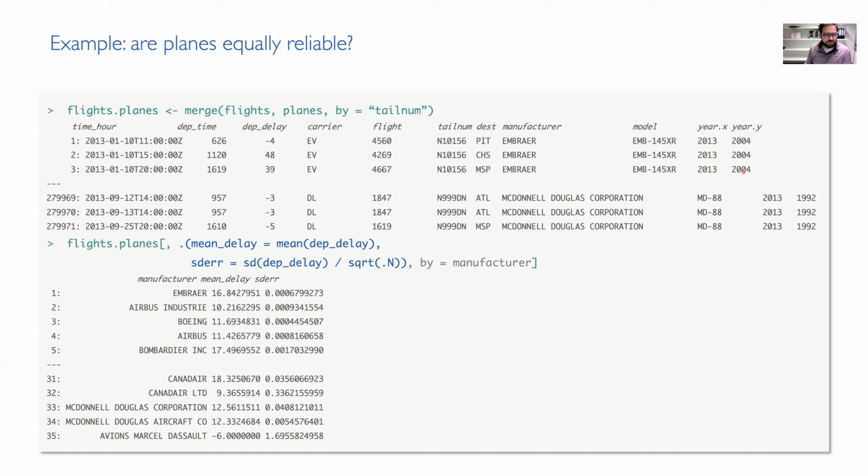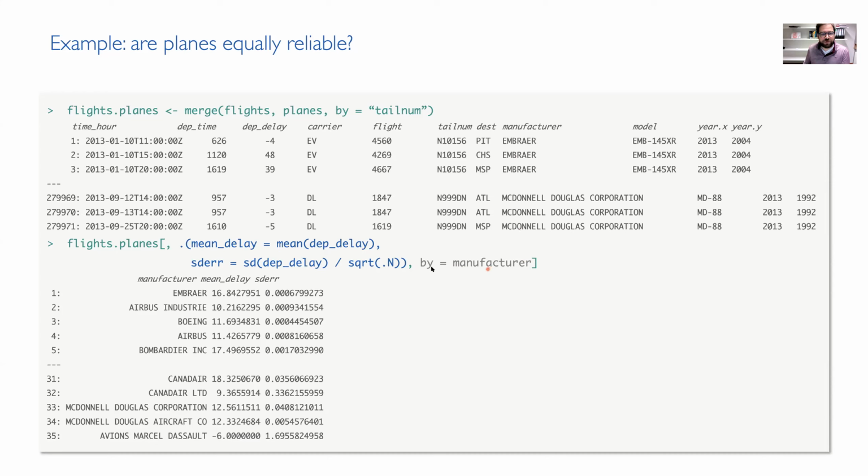Okay, and now we can just do our calculation. Now we can ask, are certain manufacturers more or less reliable? Are the planes by certain manufacturers more or less reliable? So we do the same thing. We group by manufacturer. By this column, we group the rows.